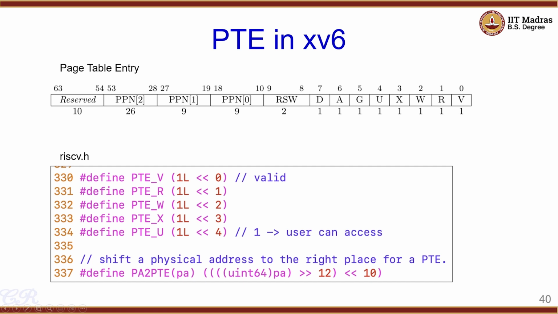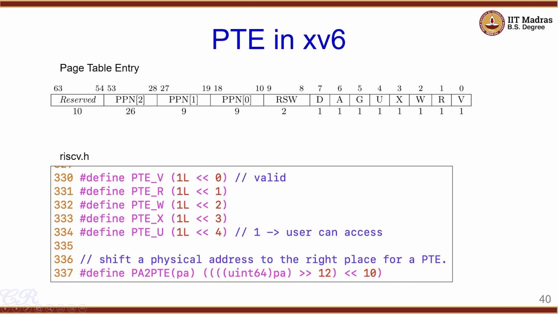Left shifting by 10 bits brings that physical address to the part where you have PPN0, PPN1 and PPN2, so PA2PTE can be used in this region of your page table entry.